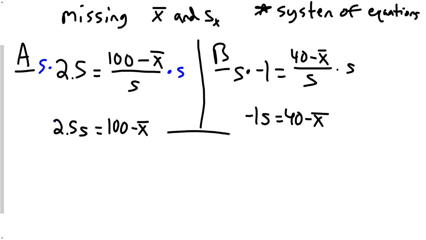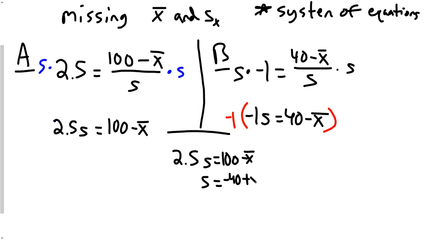So I'm going to take 2.5s equals 100 minus x bar. I'm going to line up the other one underneath it, but I'm going to multiply it all by negative 1 first. Why am I going to multiply it all by negative 1? So that I have a positive x bar. So this is going to be 1s equals negative 40 plus x bar. That way I can add these two together, and the x bars cancel out.